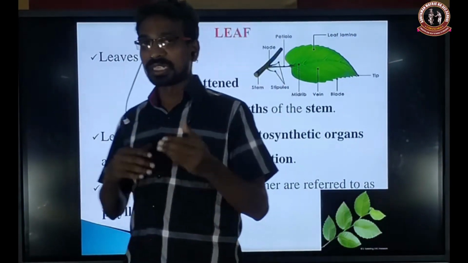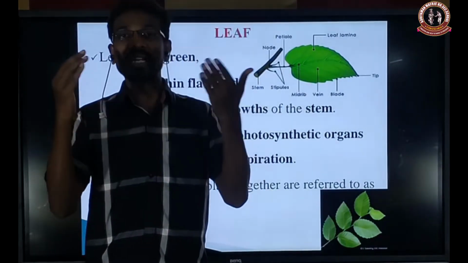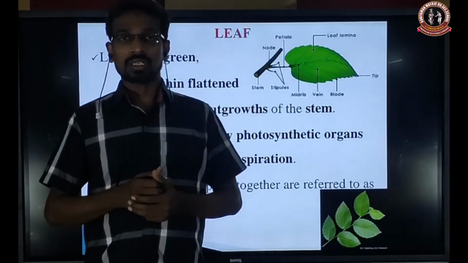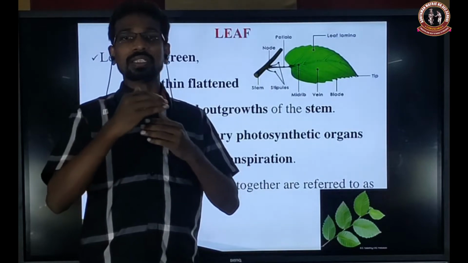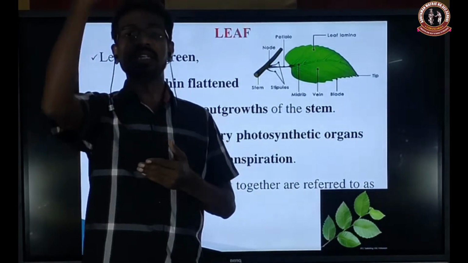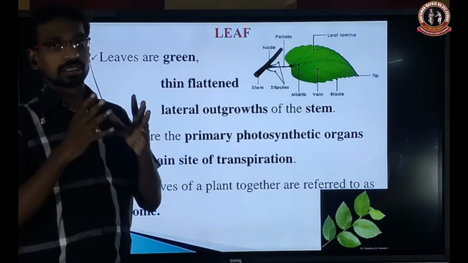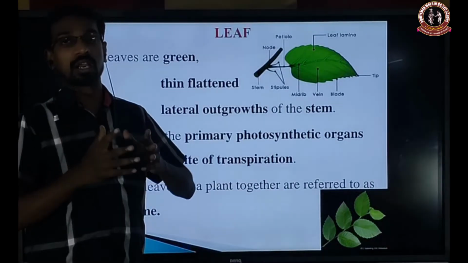Transpiration means the loss of water from the aerial parts of the plant body, especially through the leaf. The water converts into water vapor and reaches the atmosphere. That is transpiration. The leaf is the main organ for it because it contains a number of stomata.